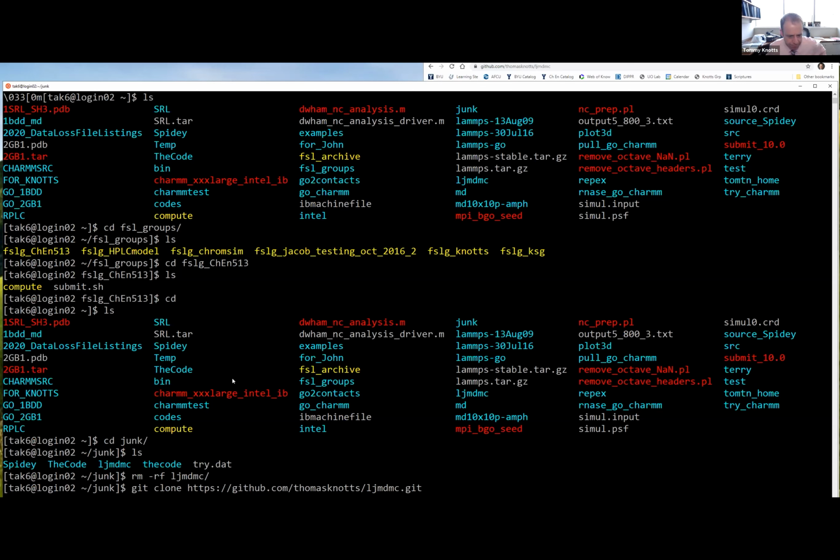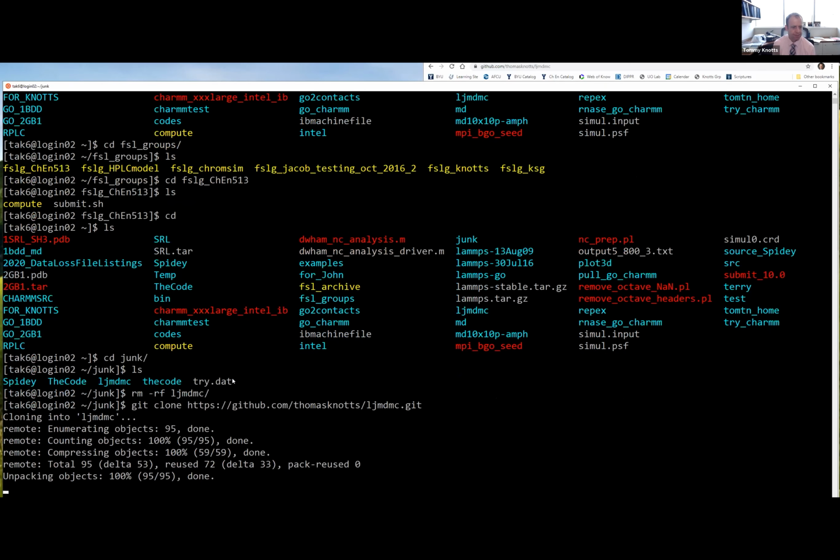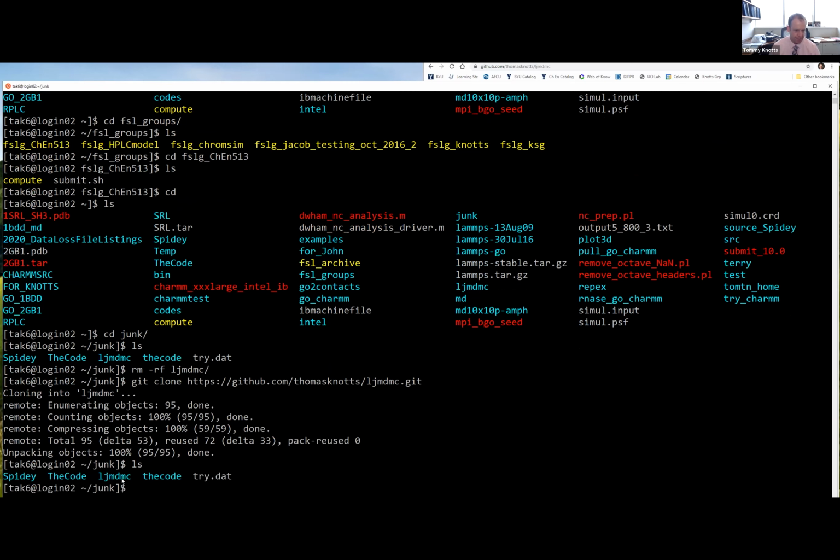So type that in and you'll hit enter and that will download what is in that directory. And then when you look here, you'll have something called ljmdmc. That's the code from Git. So here's the command. Type that, hit enter, and you should get ljmdmc.